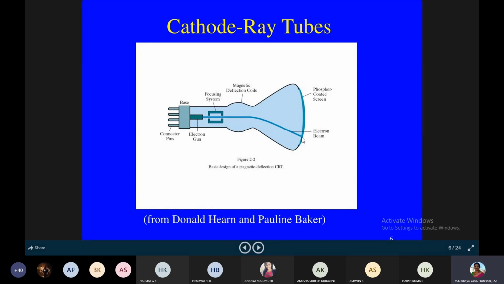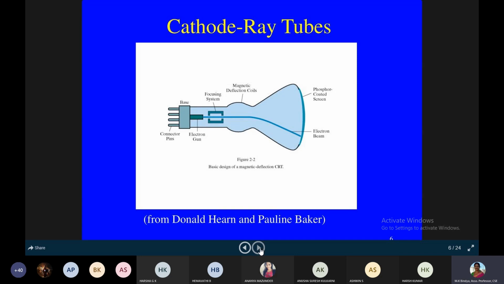To maintain the picture on the screen, we need to keep sending the electron beam on the same path so that the light is always emitted. This procedure is called refresh CRT. This is the basic operation of the CRT. Now, as I told you, there are electron guns here.